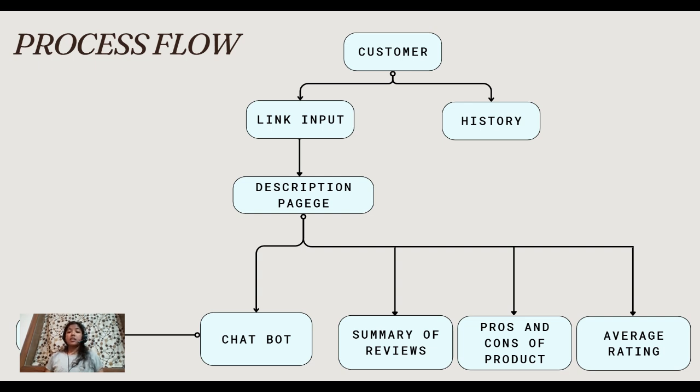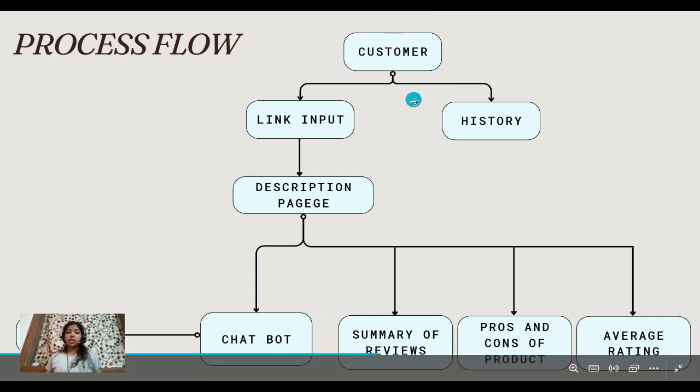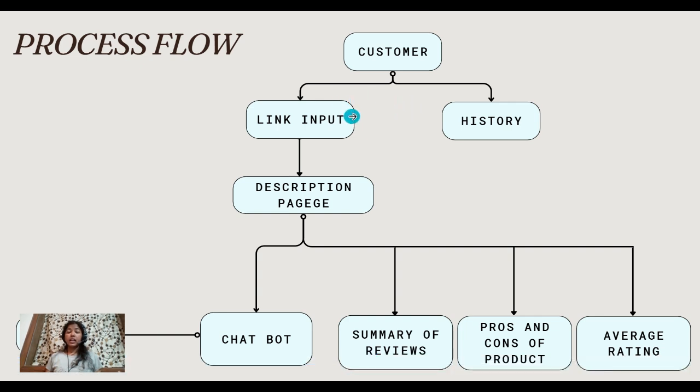Pros and cons are basically a sentimental analysis. It analyzes all the reviews and gives the positives and negatives of the product. The average rating is the average of all the ratings given in the different reviews. When the customer gives a link input, he should log in.